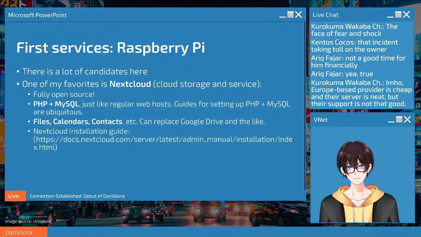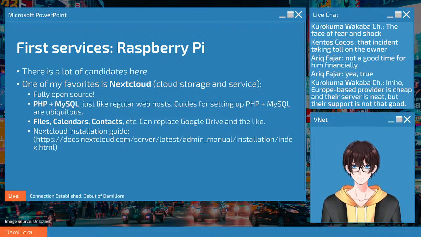It basically has everything a normal cloud provider would provide. For example, you have files, calendars, contacts, notes, to-do lists, even an email client and social media. It can replace Google Drive and the like.